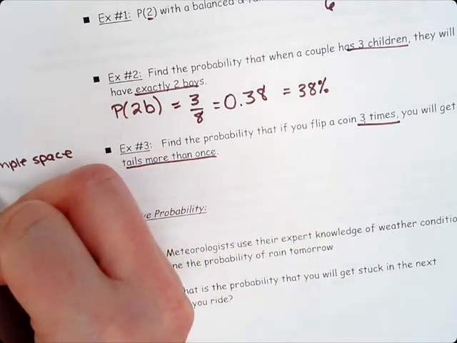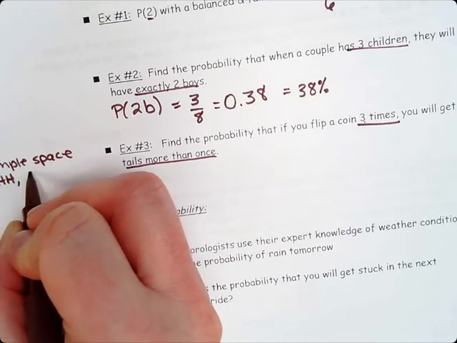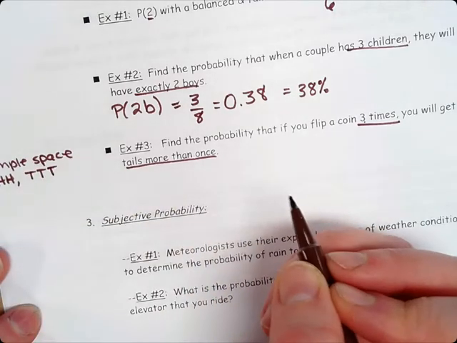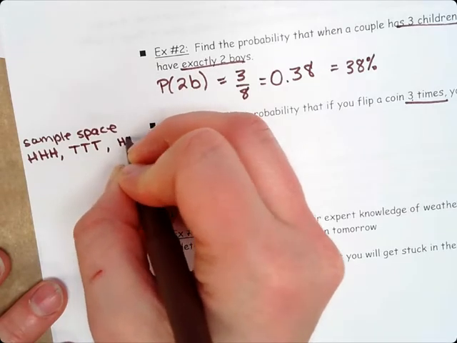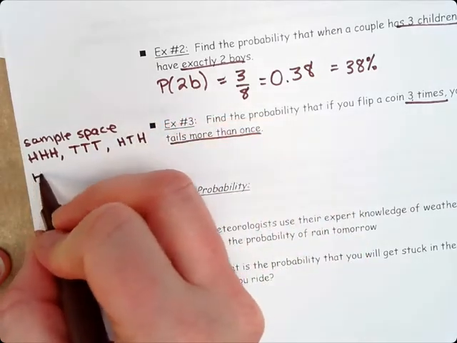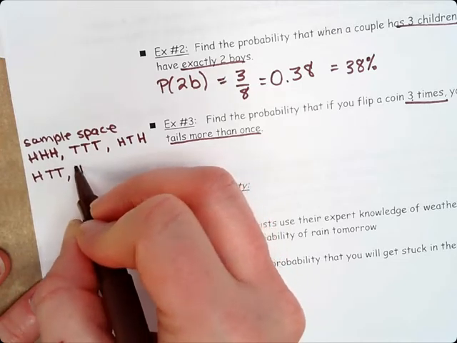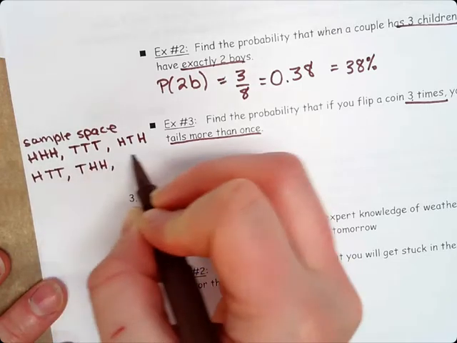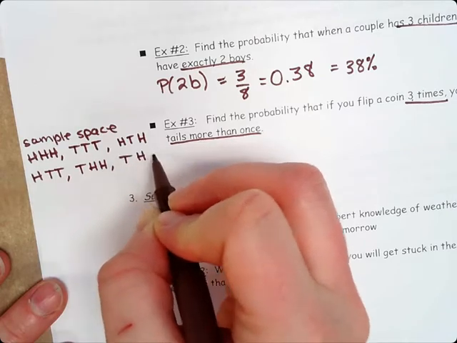We could have all heads, all tails, heads, tails, heads, heads, tails, tails, tails, heads, heads, tails, heads, tails.